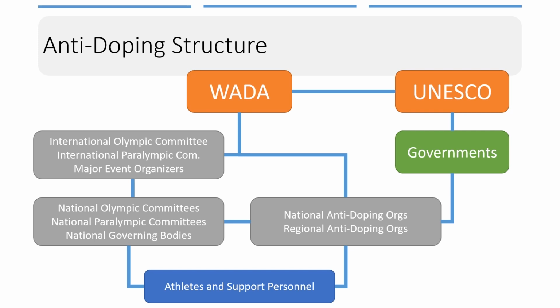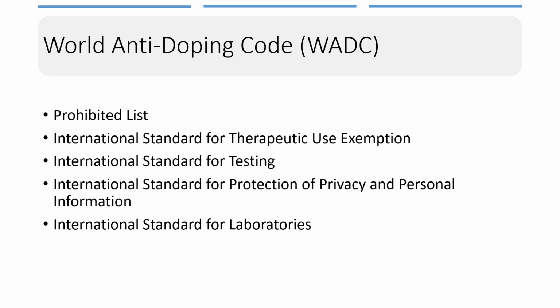If they compete at the national level, and some countries even have regional levels, both report to the international sporting organizations or major event organizations, and that reports to WADA. WADA works with UNESCO and the governments, so they're all interlinked together in a loop.